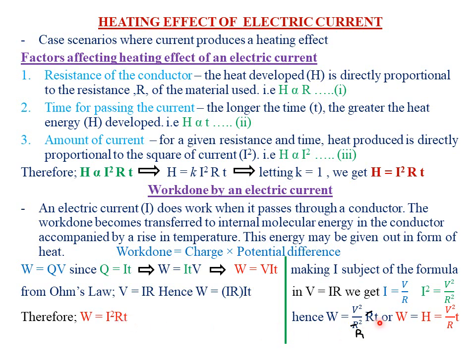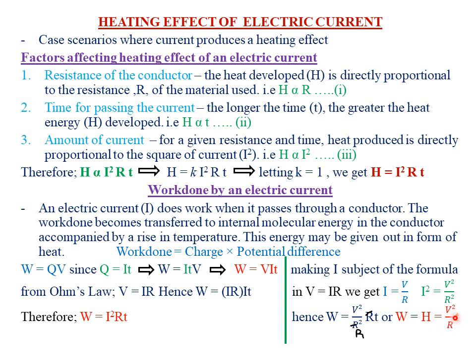Then we have one R up here and R squared down here, so one R will cancel with one R on the denominator, so that we remain with just V squared over RT. So the work done by an electric current to flow from one point to another is equal to the heat energy developed, which is V squared over R multiplied by T.